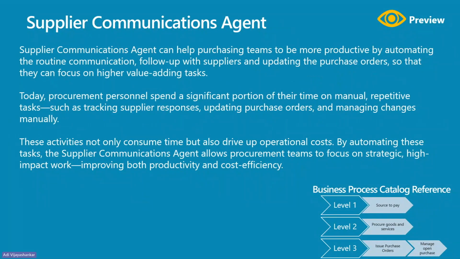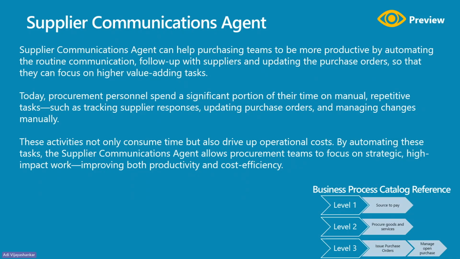So what does the Supplier Communications Agent do, and how does it address the problem statement? The agent can help purchasing teams be more productive by automating the routine communication, follow-up with suppliers, and updating the purchase orders so that they can focus on the higher value-adding tasks for the organization. Today, procurement personnel end up spending a significant portion of their time on manual and repetitive tasks.